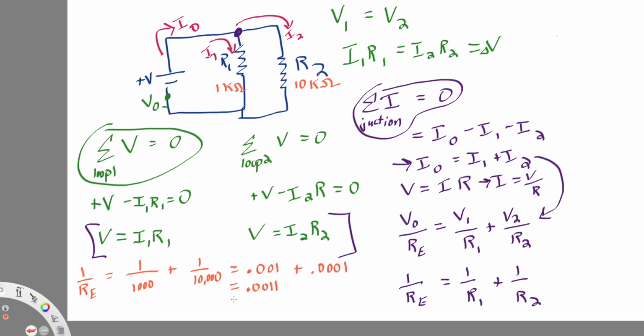Right, so the 1 over the equivalent resistance would be, what, 11 10,000ths? So we take the reciprocal of both sides, and the equivalent resistance is going to be, instead of 11 10,000ths, it's going to be 10,000 over 11, which is going to be something like somewhere around 9,000 ohms.